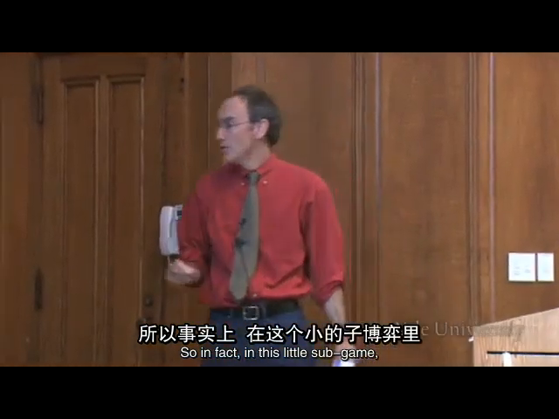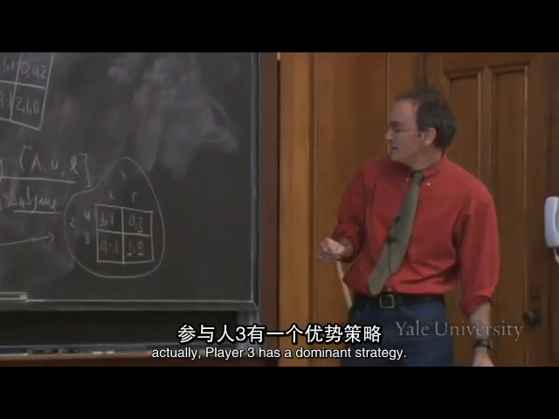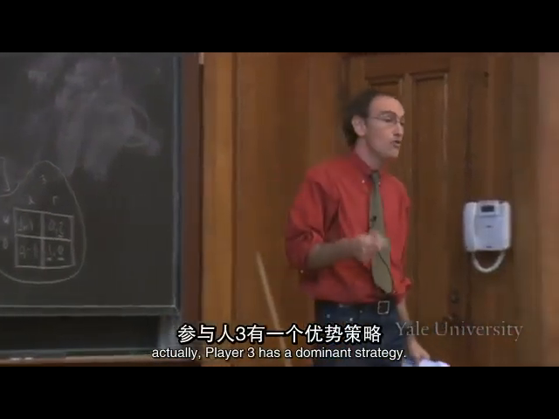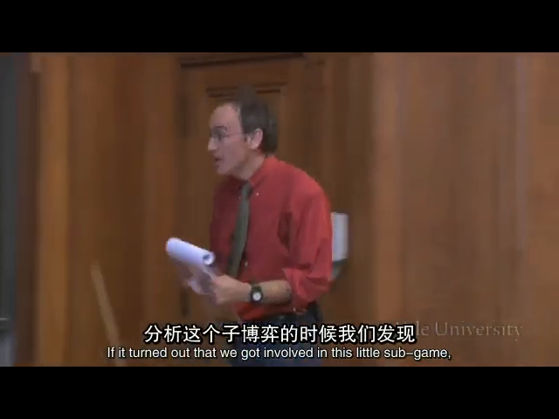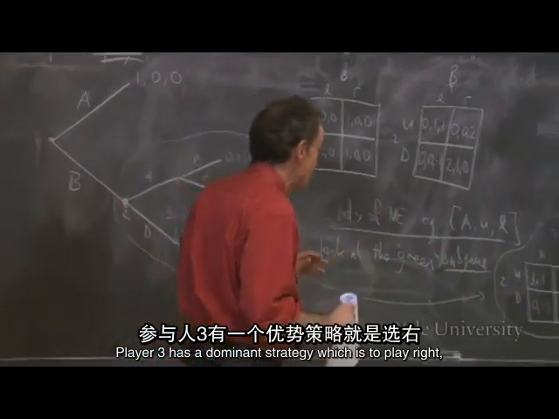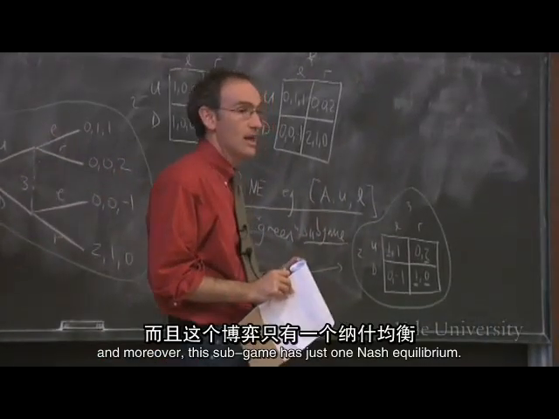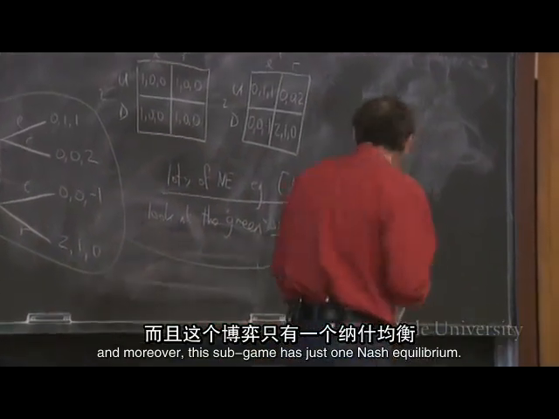All right? So in fact, in this little sub-game, player 3 has a dominant strategy. If it turned out that we got involved in this little sub-game, player 3 has a dominant strategy, which is to play right. And moreover, this sub-game has just one Nash equilibrium.